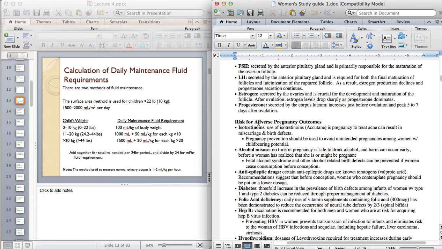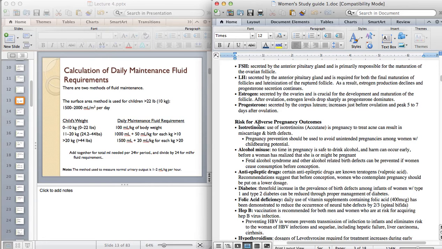If the child weighs more than 10 kilograms, the second 10, up to 20, you replace with 50 milliliters per kilogram.